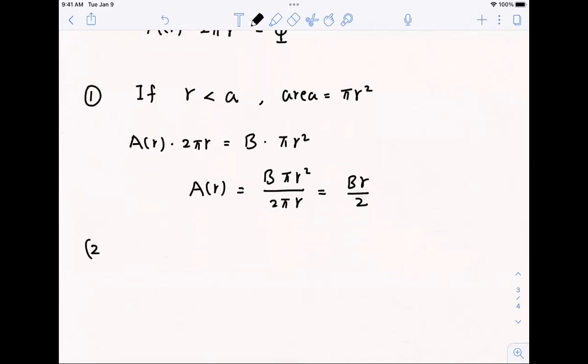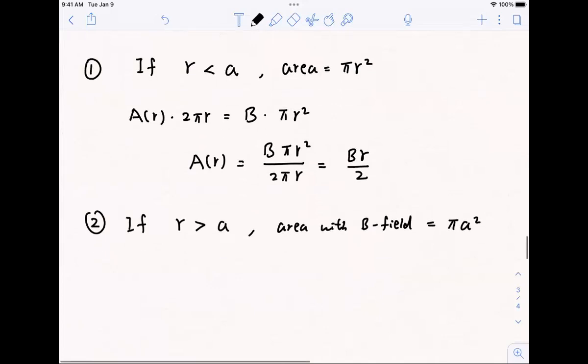Okay, in the second case, if R is larger than a, then the area with B field is fixed. It is pi a squared, because it's outside. Then A(R) times 2 pi R will equal B pi a squared.